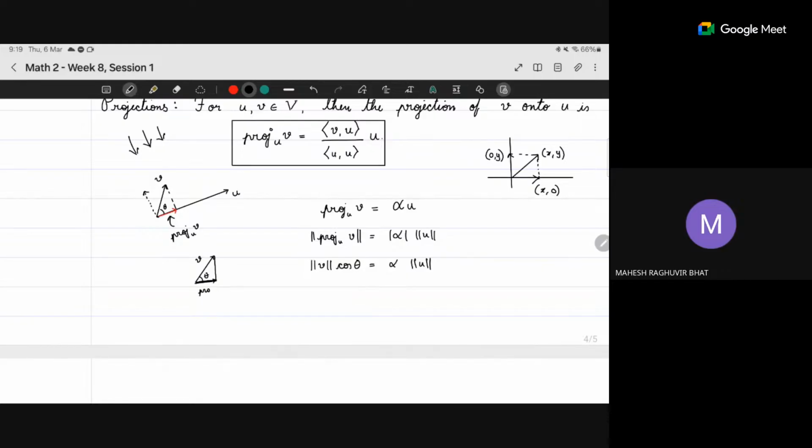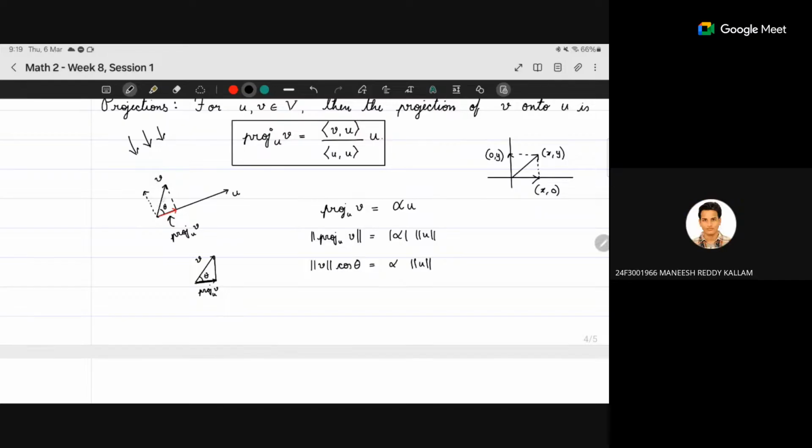This was projection. So length of projection divided by length of v is cos theta, because it is adjacent side by hypotenuse. Is that okay? Once again, could you say, sir?